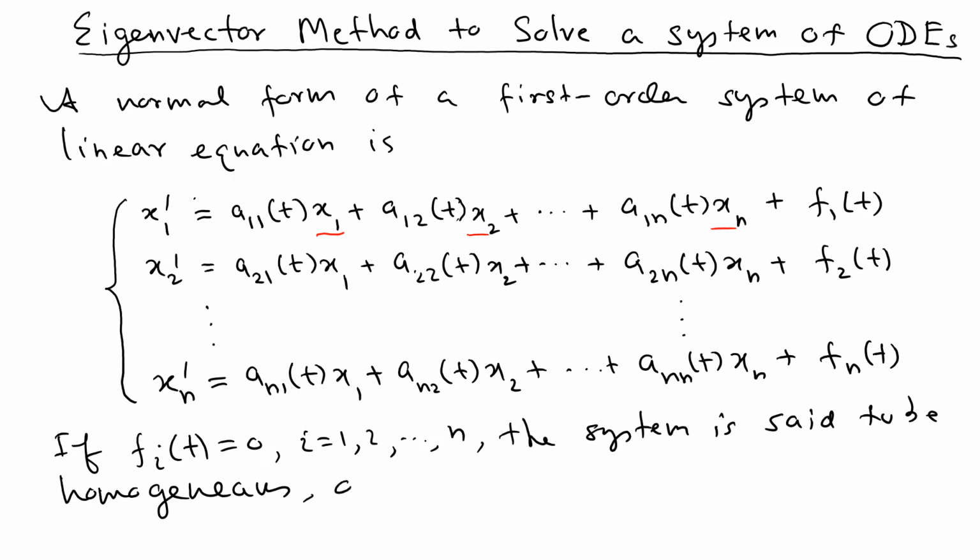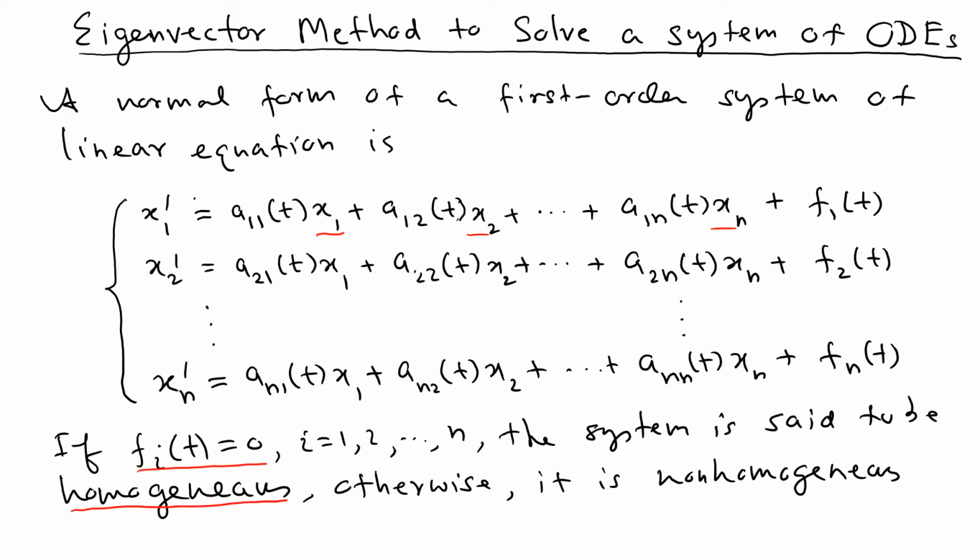And otherwise, that means if there's at least one fi function which is not equal to 0, we call the system non-homogeneous. So it is homogeneous if all the fi functions are 0, and if at least one is non-zero, we call it a non-homogeneous system.